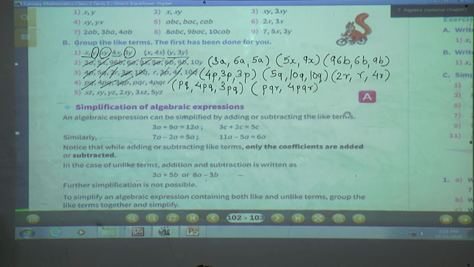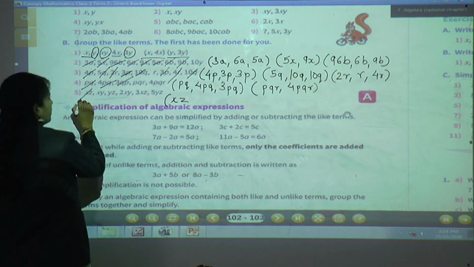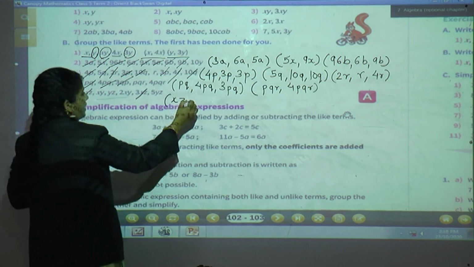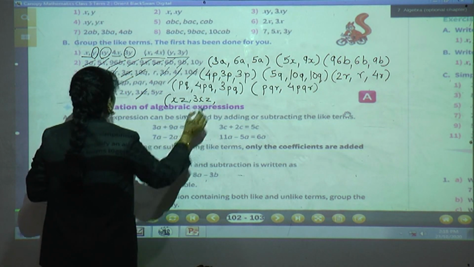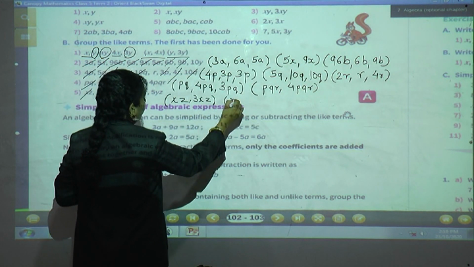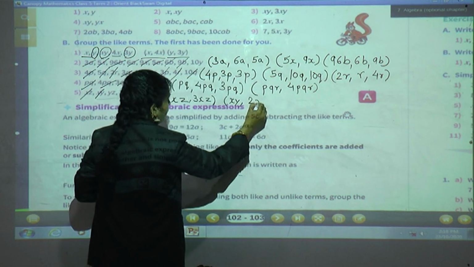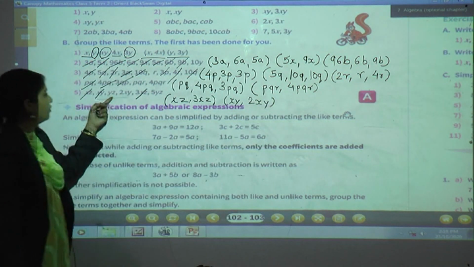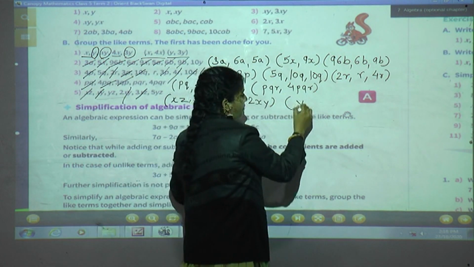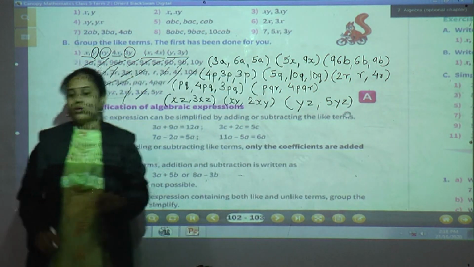See students, xz. So here is a like term pair for xz, 3xz. Now xy. Again the pair like term 2xy. Now remaining yz and 5yz are the like terms. Understood all of you?